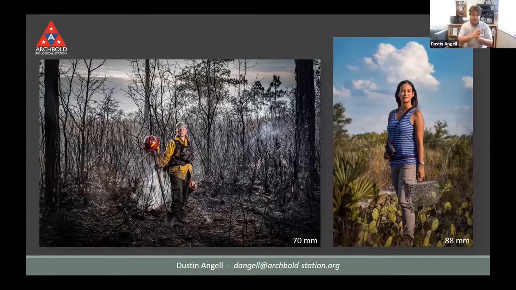So you can get a lot of detail in there with a telephoto lens. But you just have to stand back a lot further. And this also doesn't give us any distortion. Those trees look nice and straight, whereas with the wide angle, they would have been curving a little bit. So actually, when I took that one on the left, I was very pleasantly surprised. I was able to get a picture like this using a telephoto.